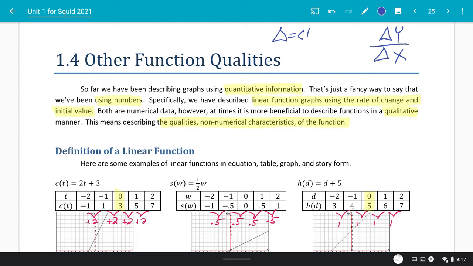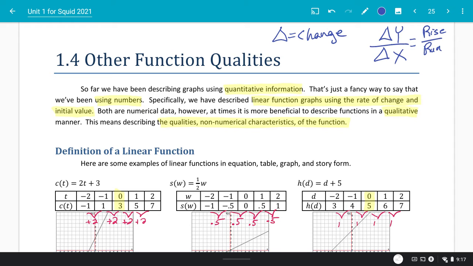Change. Delta means change. The change in the y, and the y is vertical, so rise over run. The rate of change is how quickly it changes, how steep it is, what its slope is.